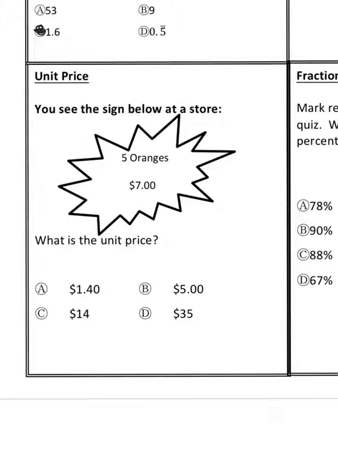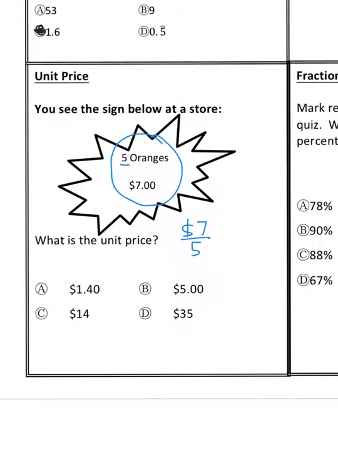Alright. Next, unit price. You see the sign below at a store, 5 oranges for $7. What is the unit price? To find a unit price, it's the price of one item, and in this case, 1 orange. I'm going to start by writing my deal as a fraction. Remember, write it as money first on top: $7 for 5 oranges.